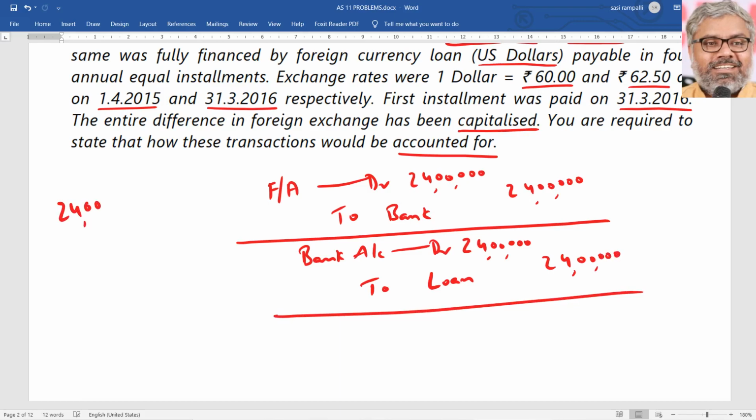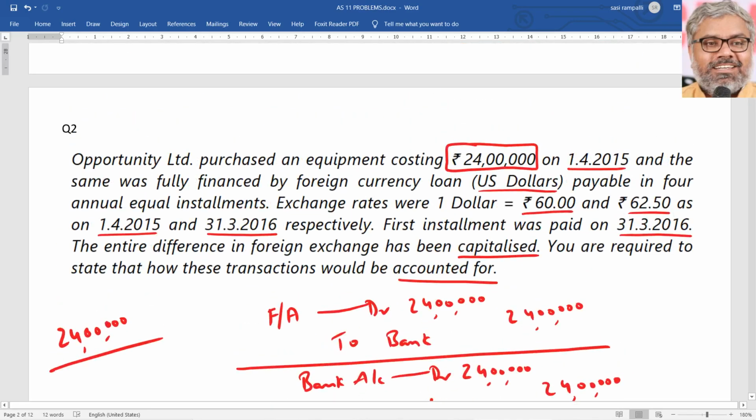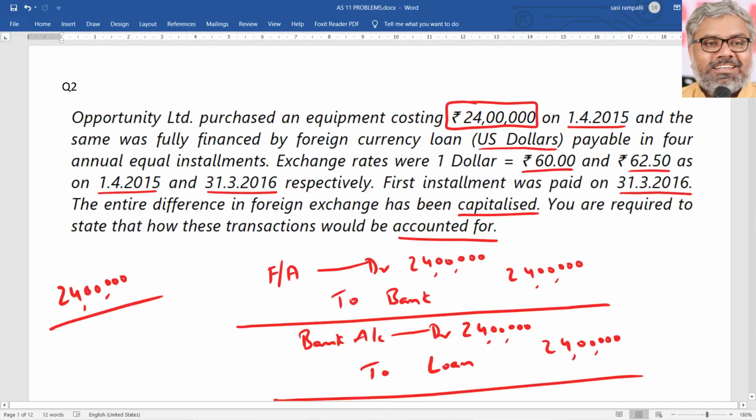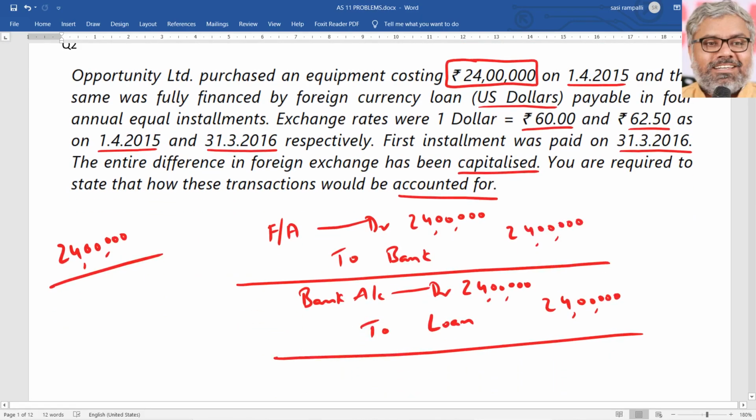So 24 lakhs rupees, if it is the amount, how much will be in dollars? On that date, 1/4/2015, which is the date of this purchase and taking the loan, the dollar rate was 60 rupees. So when we say 24 lakhs rupees, and each dollar is 60 rupees, that amounts to how many dollars? That is $40,000.